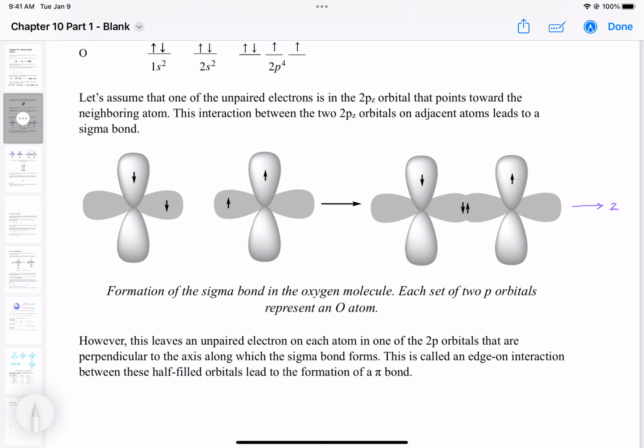They form an attractive force, and that's why double bonds and triple bonds are typically harder to break than single bonds. That's because they have this additional interaction from the perpendicular set of p orbitals on adjacent atoms right here.